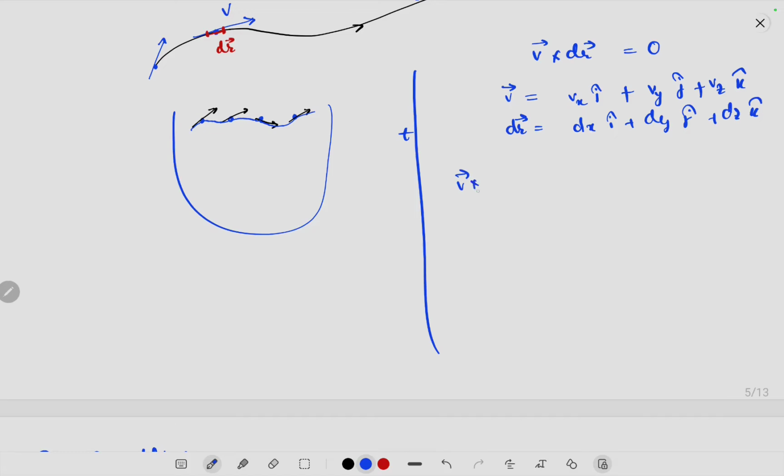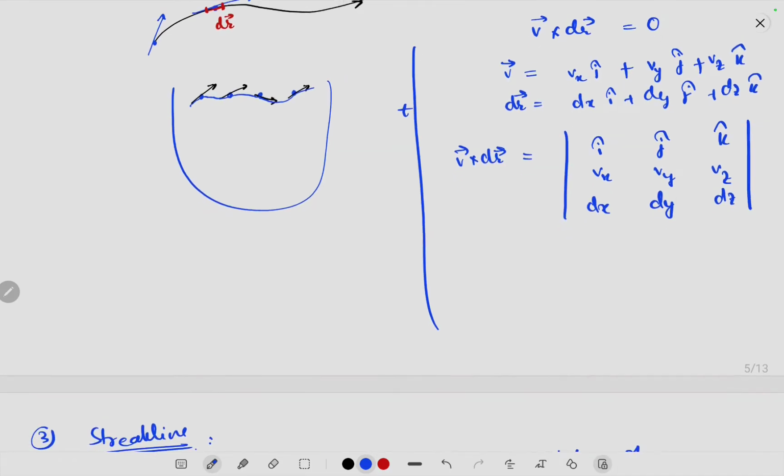we can write this v cross dr as a determinant: vx, vy, vz, dx, dy, dz. This determinant should be 0.